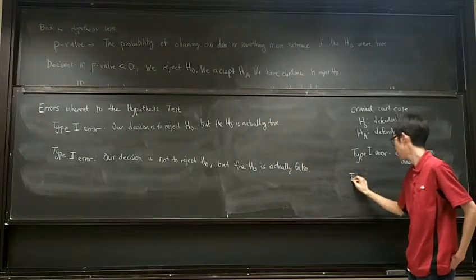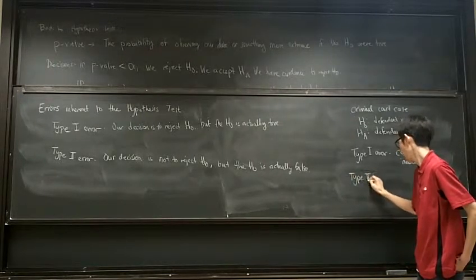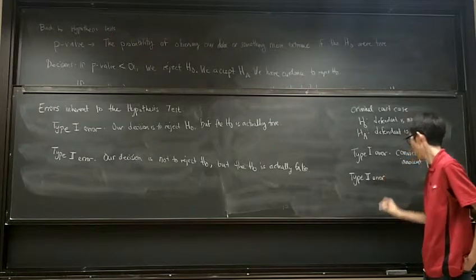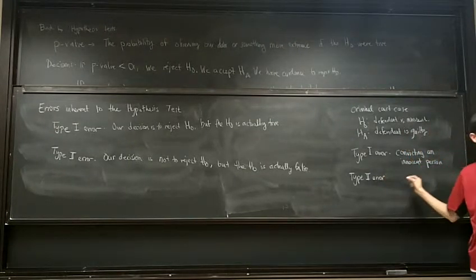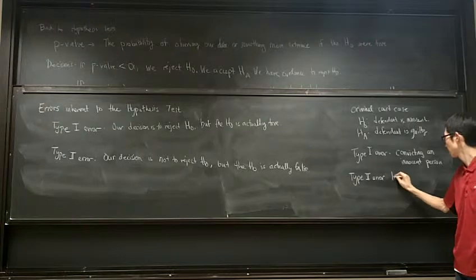And a type 2 error would then be letting a guilty person go free.